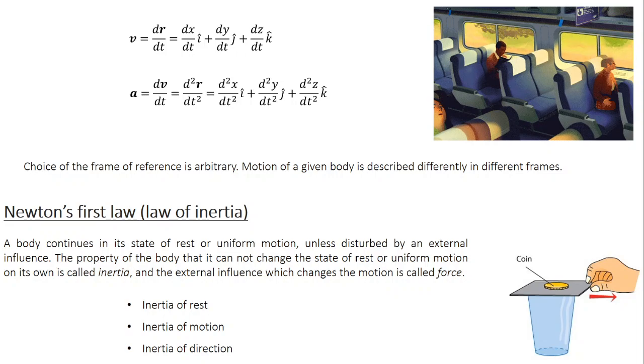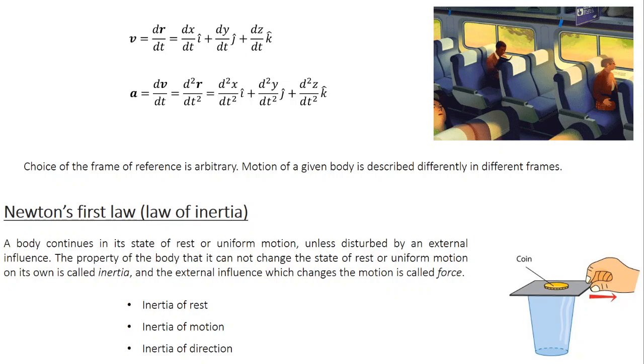So the choice is yours, and depending on which frame of reference you are choosing, the motion which you are going to measure is going to be different. As I said, if you are choosing a frame of reference which is outside, then you see motion in a different way. On the other hand, if you choose a frame of reference inside, then the motion is going to appear differently to you. So usually what people do is they choose a frame of reference which makes the analysis the easiest for them.